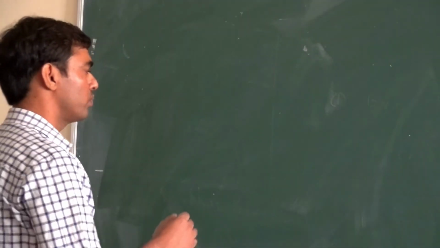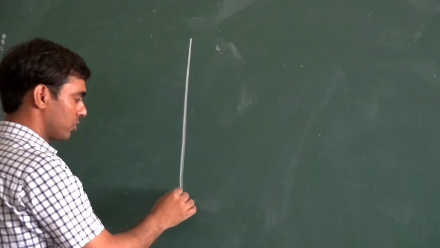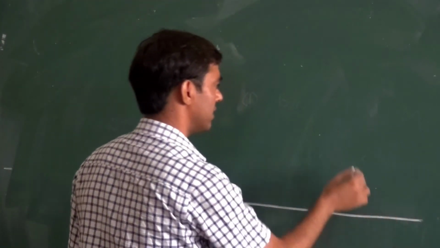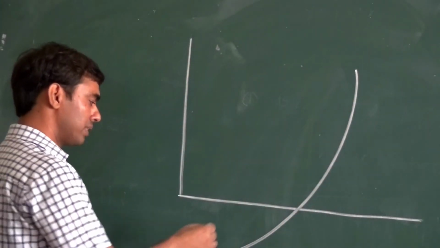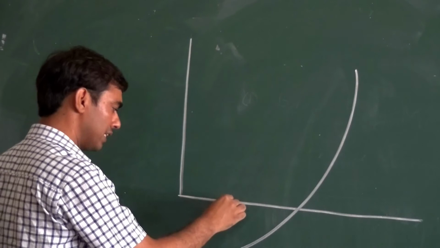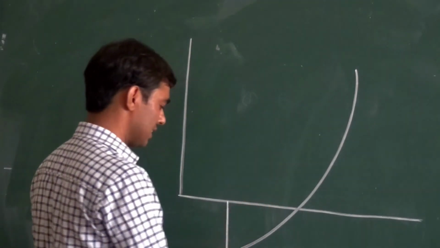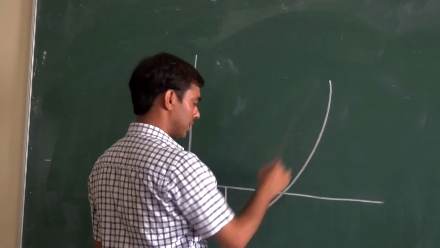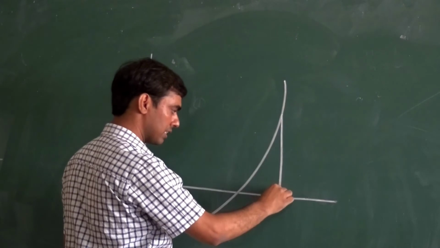So first we try to understand why these are called bracketing methods. In all bracketing methods, it is necessary that we find a point where the value of the function is negative and another point where the value of the function is positive.